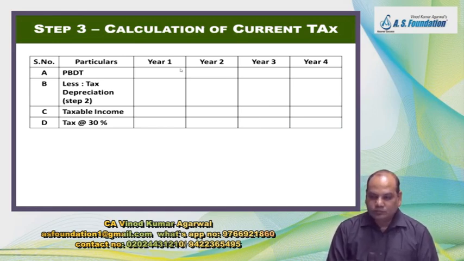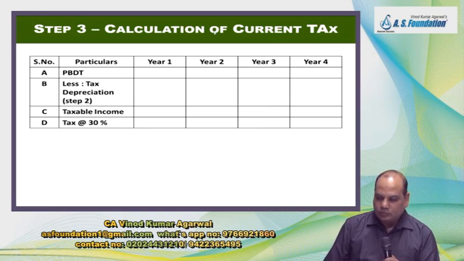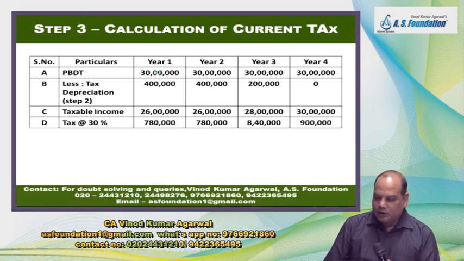Solve. I have given you the format. PBDT is 30 lakh in all the 4 years.